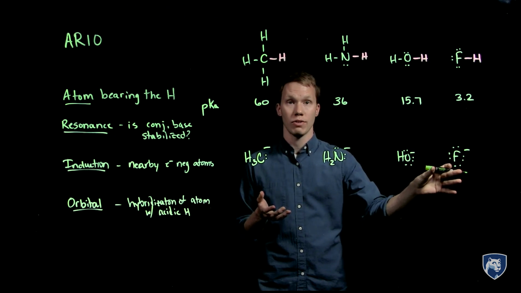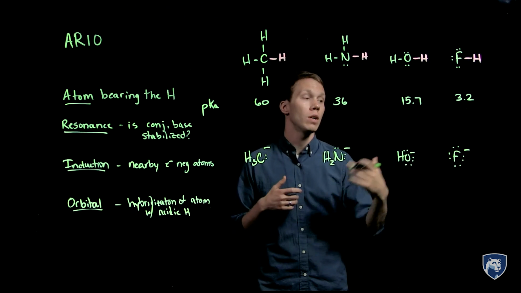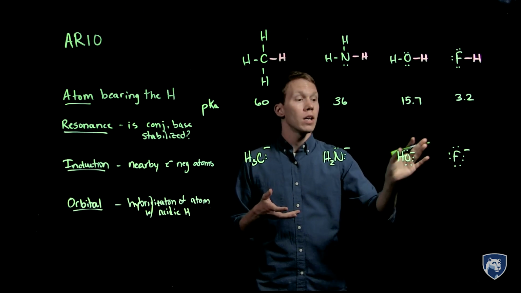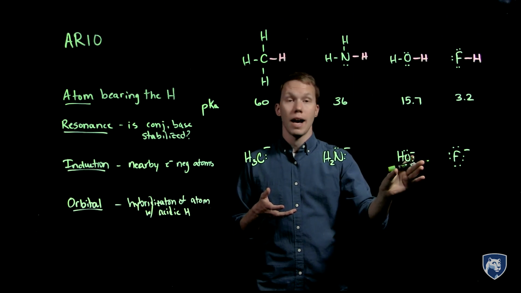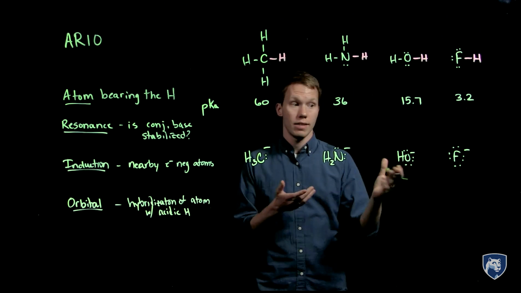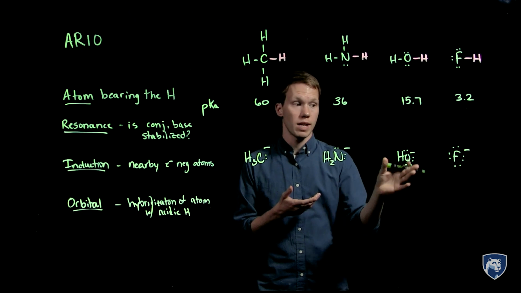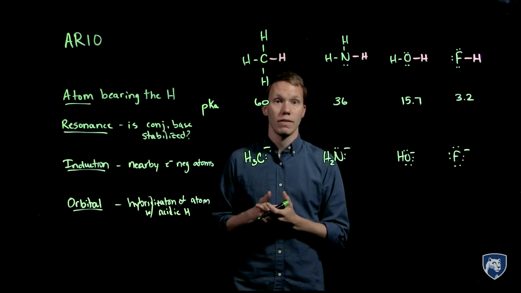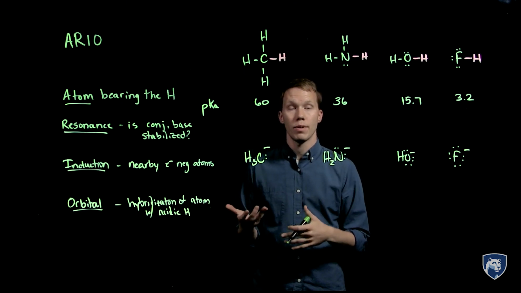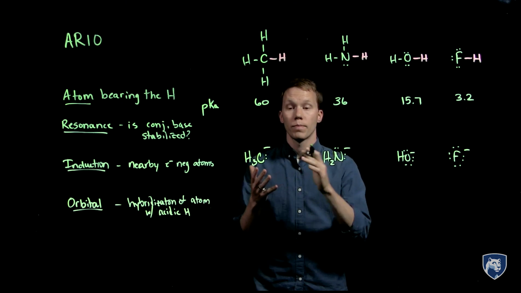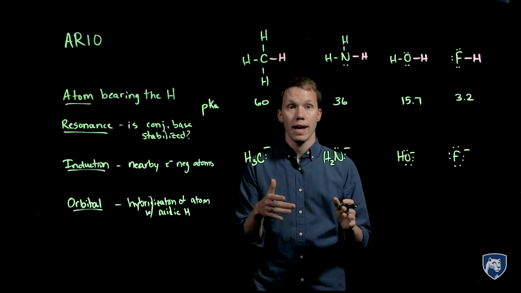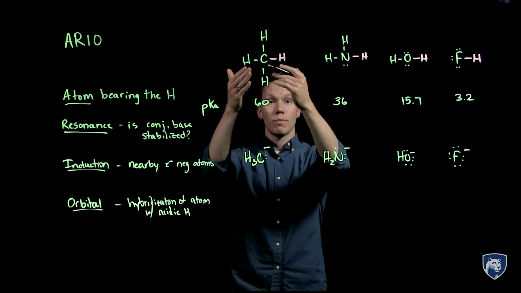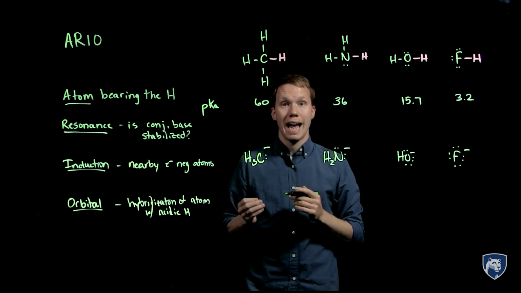So fluorine, being the most electronegative, is going to be happiest, quote unquote, with these excess electrons because it has a high affinity for electrons. Followed by hydroxide. Oxygen is the next electronegative, so it's going to be the next most stable, followed by nitrogen. And carbon, being the least electronegative of this grouping, is going to be the least stable of these bases.